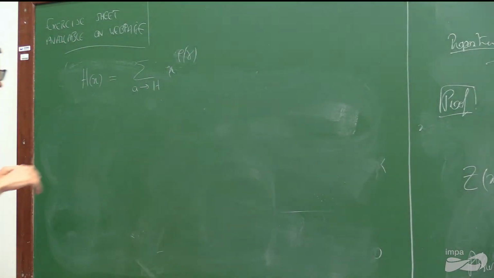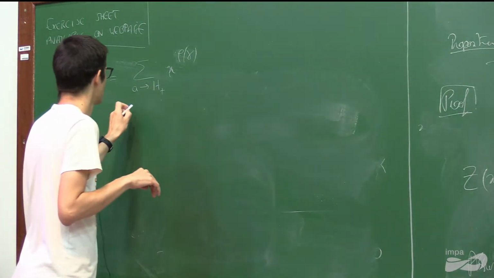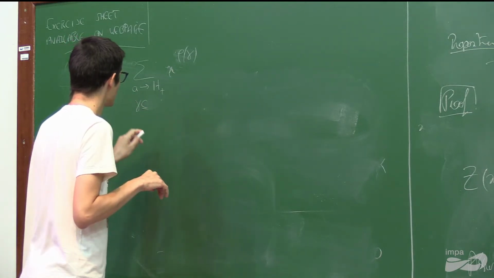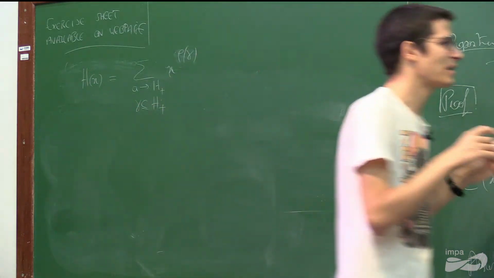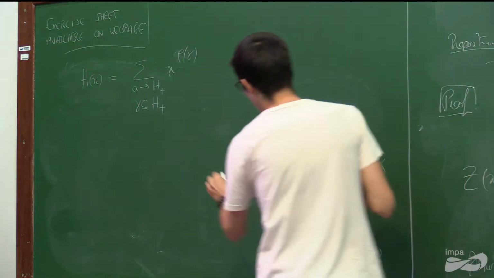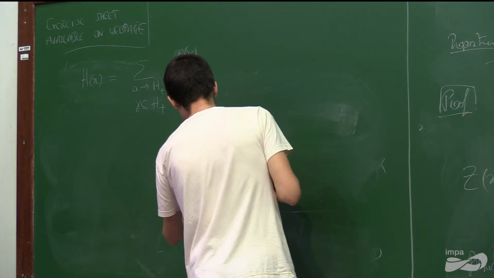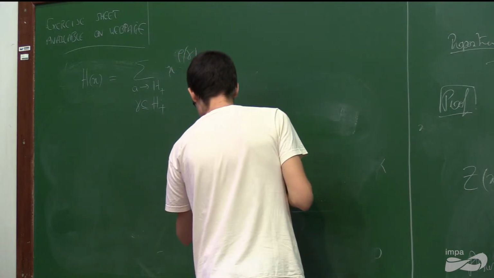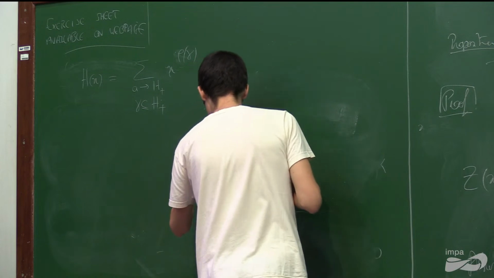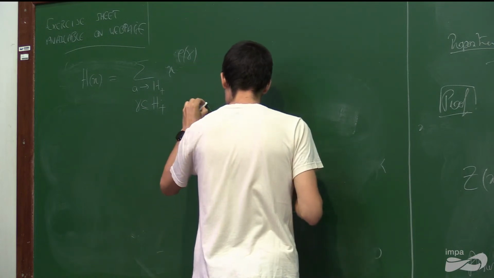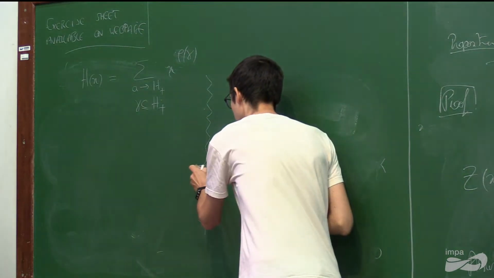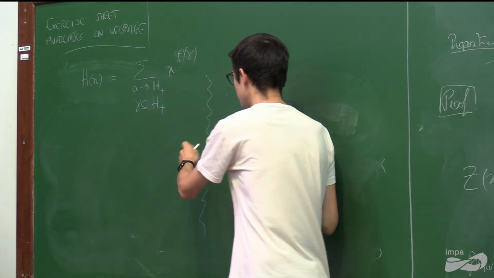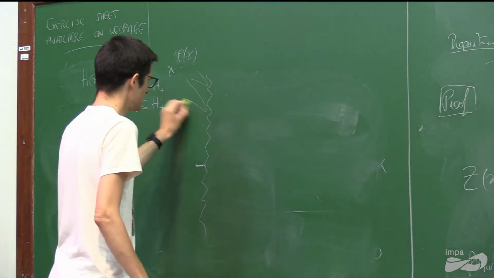But here, I want gamma to be somehow included in H plus. So what I mean by this is that I want to restrict to walks that never come back to this part.